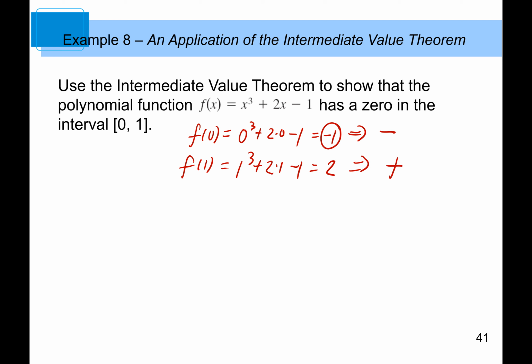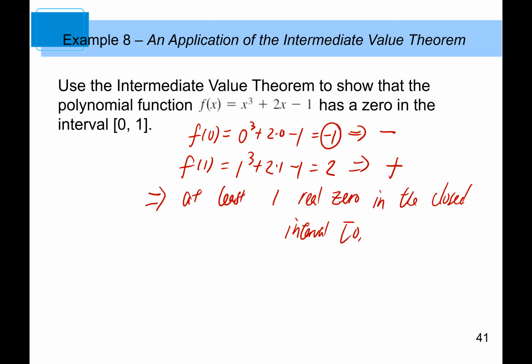And that's positive. So it goes from negative to positive, so that's guaranteed at least one real zero in the closed interval from 0 to 1.